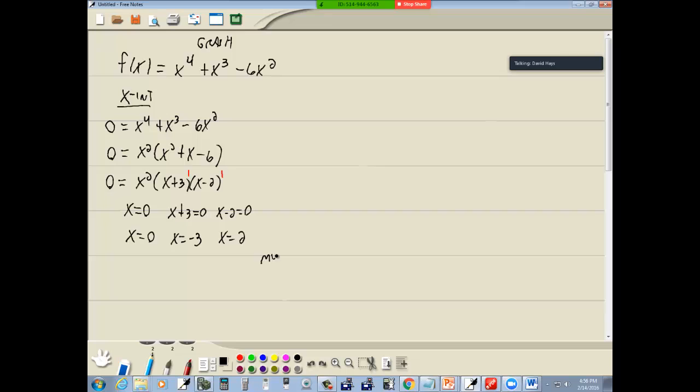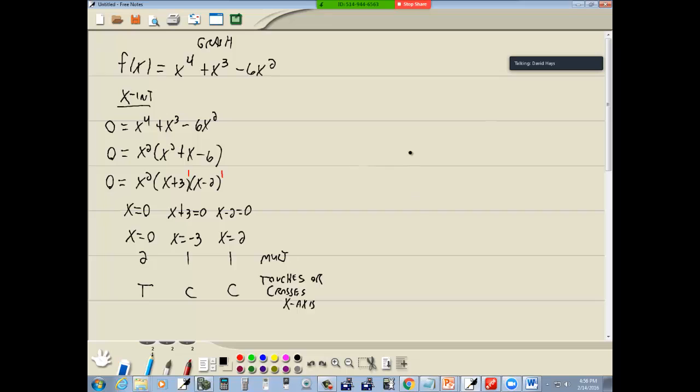That corresponds to our multiplicity. So this one has a multiplicity of 2, this one has a multiplicity of 1, and this one has a multiplicity of 1. Now what that tells us is whether it touches or crosses the x-axis. So if multiplicity is 2, that means it touches. And these mean it crosses.